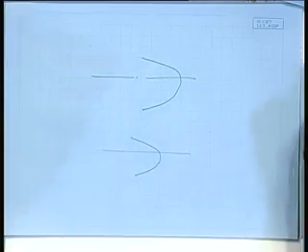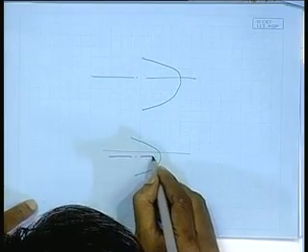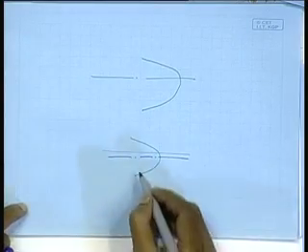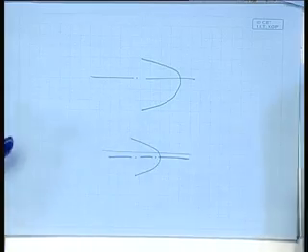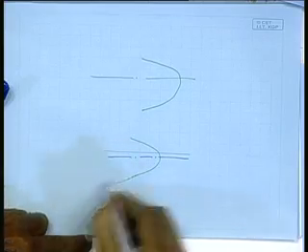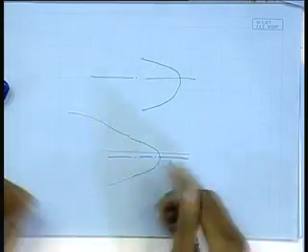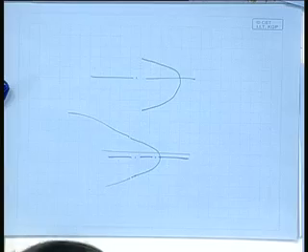Anyway, take this line as my center line. So part of the bow is like this. How do I make the bow? A plate is bent in this shape, and then further plates are welded to it, and you get the rest of the part. So here you provide additional stiffener.